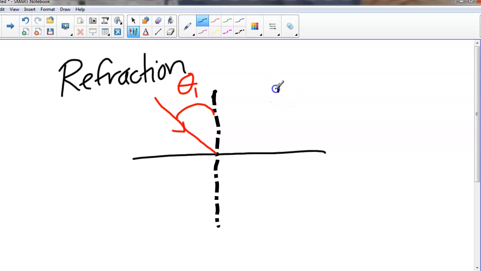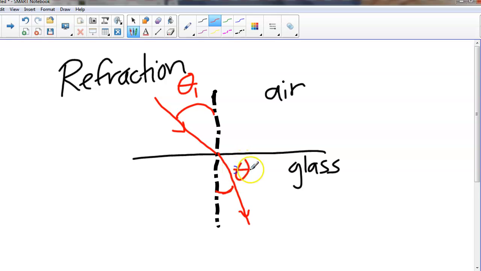So let's assume that we're starting out in air or a vacuum, and we're moving into a material like glass or water or plastic or something like that. What's going to happen? Well, that light is going to get bent. In this case, it's going to bend toward the normal. And by toward the normal, I mean that the angle here is going to be smaller than the incident angle. We're going to call this one theta 2.